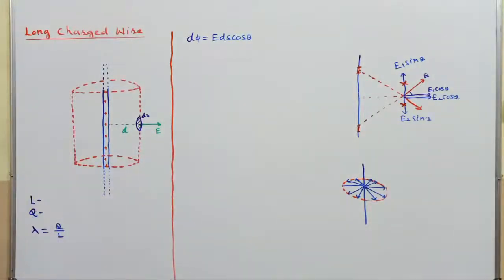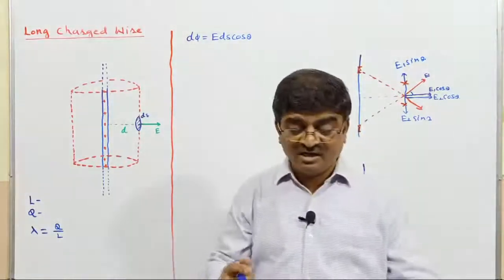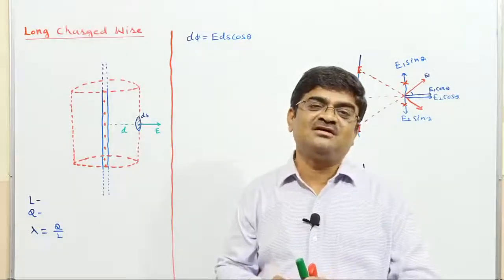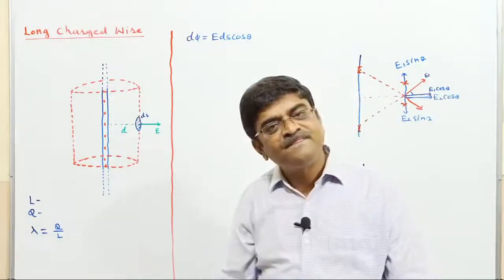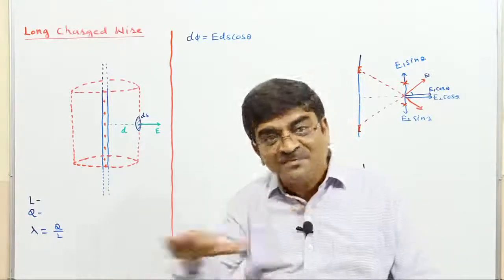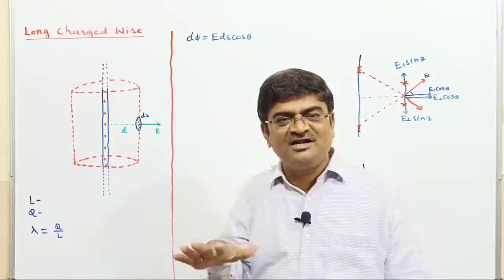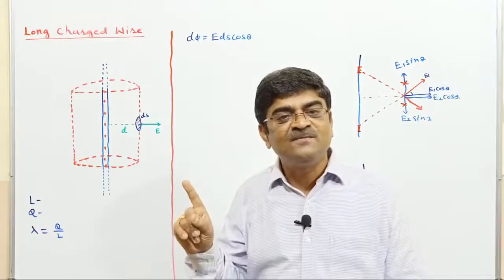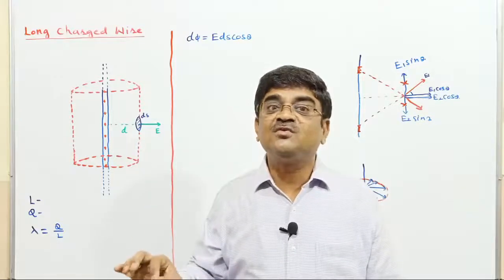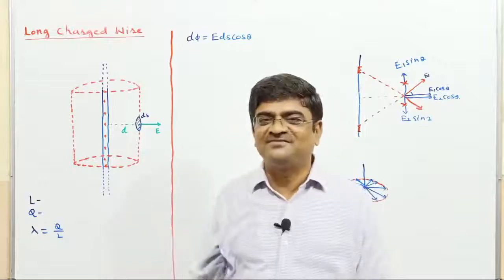I hope you have understood now how much θ is in the present case. What is θ? I need to remind you once again, because I have seen in the past children again and again make a mistake in understanding that θ, and they generally take θ as the angle made by intensity with the surface. Remember children, it's not with the surface. θ is the angle made by electric intensity with the area vector, with the normal to the surface.